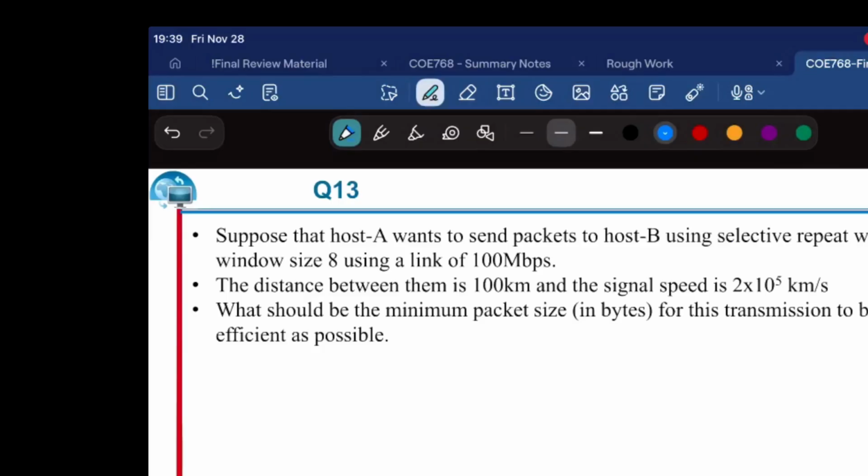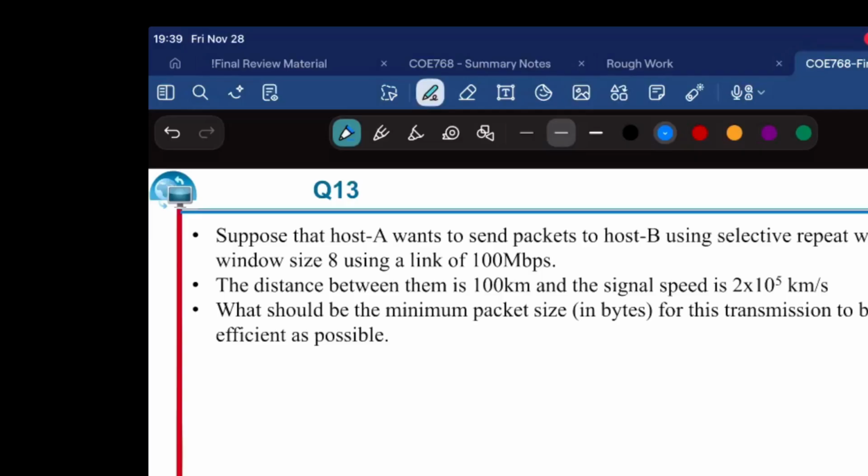Okay. So this next question is also from Dr. Khaled's slides from last year or 2 years ago, maybe, and it's talking about selective repeat while sending using a window size of 8 on a 100 megabits per second link speed.